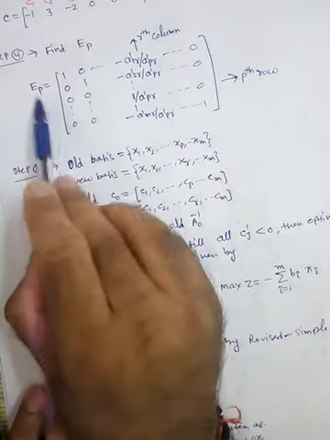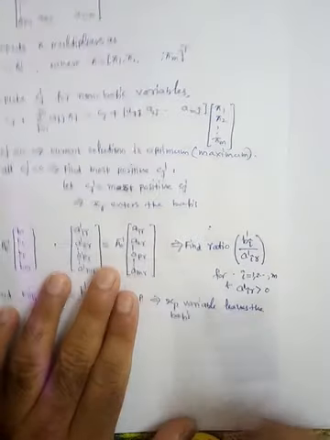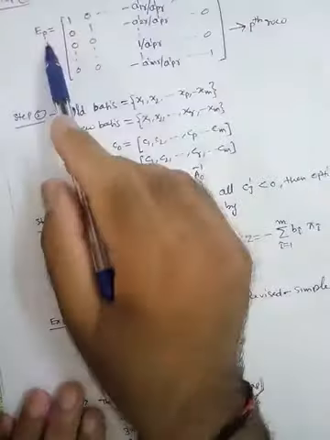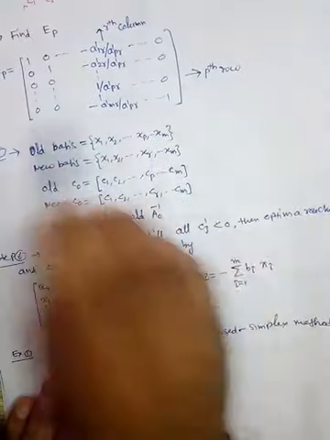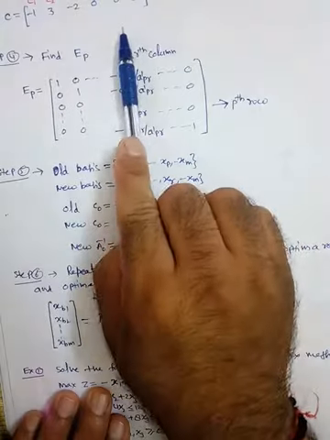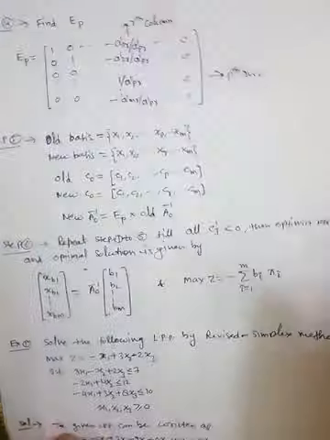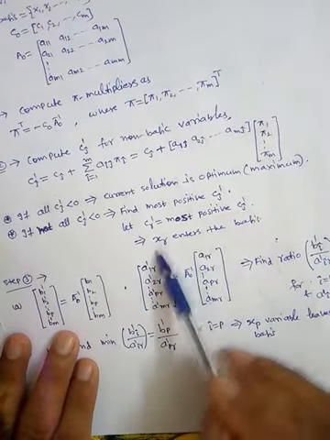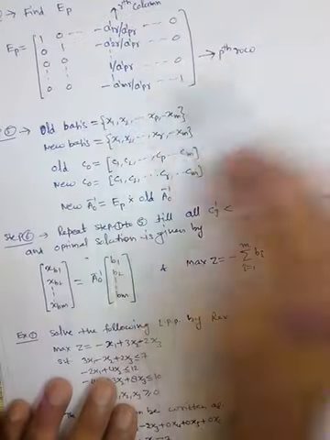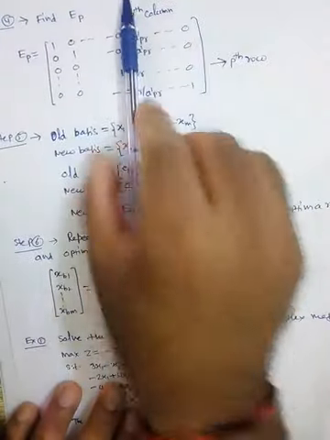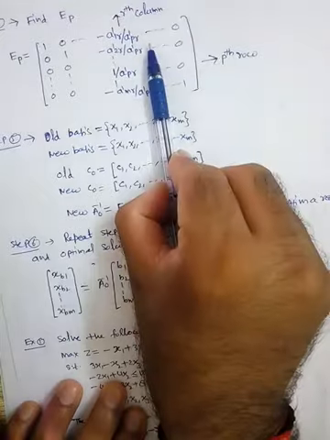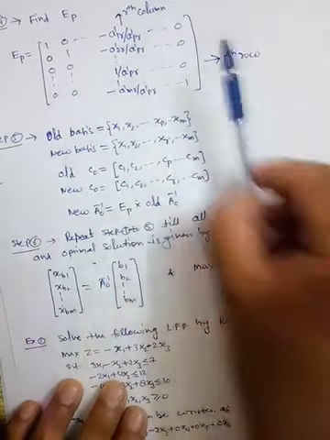Then find Ep, because of this pth variable. Ep is nothing but an identity matrix where the rth column, corresponding to the entering variable xr, is replaced, using the rth column and pth row. So here we have this column, and the rest of the entries are just like the identity matrix.